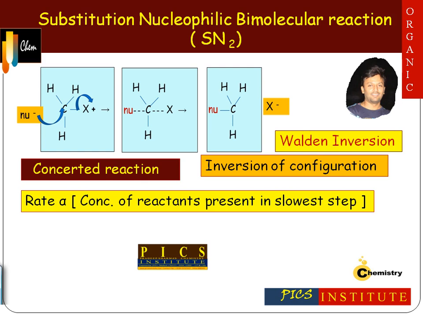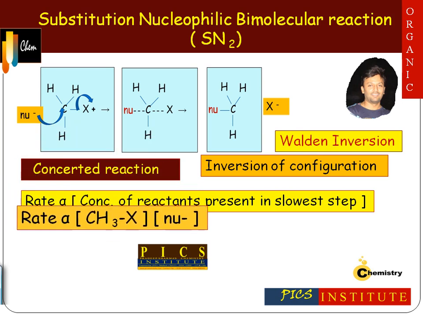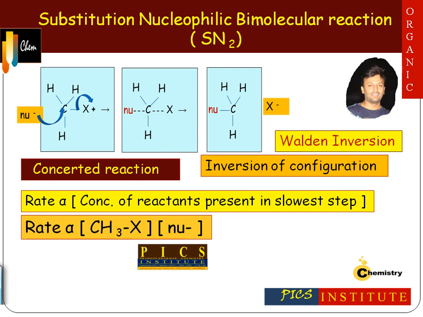Since the reaction takes place only in one step, the rate of such a reaction depends upon both the reactants, meaning the reactant as well as the nucleophile. So the rate of this reaction depends upon two concentration terms, and that is why the reaction is called SN2 or bimolecular reaction. The order and molecularity of the reaction is 2.